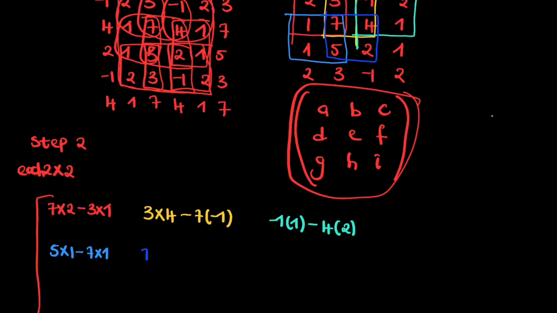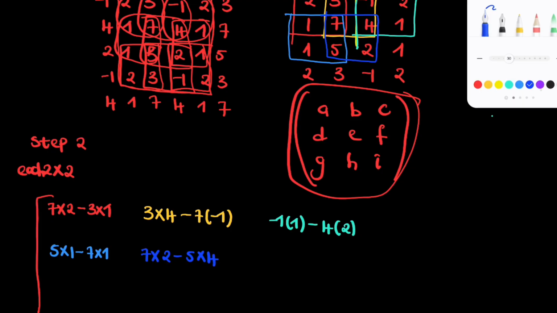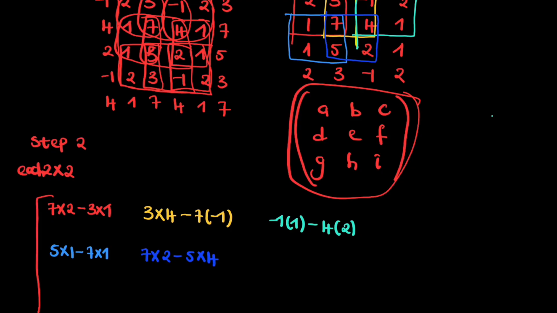So that is 7 times 2 minus 5 times 4. Let's take the next two. So it is 4 times 1 minus 2 times 1. Okay, that gives us F.